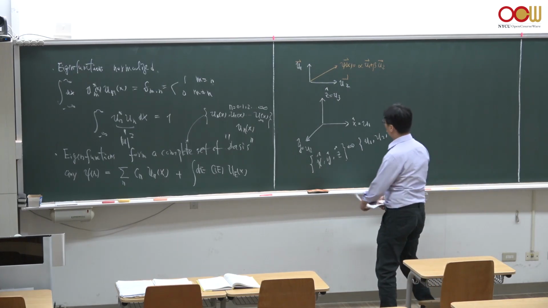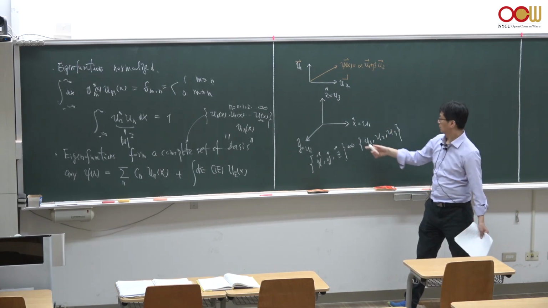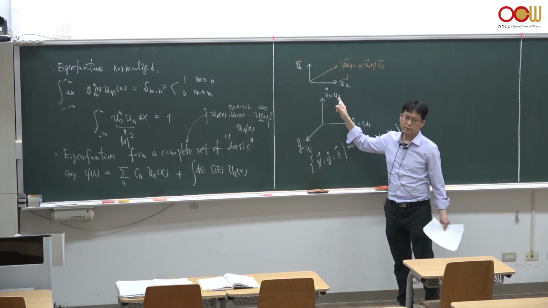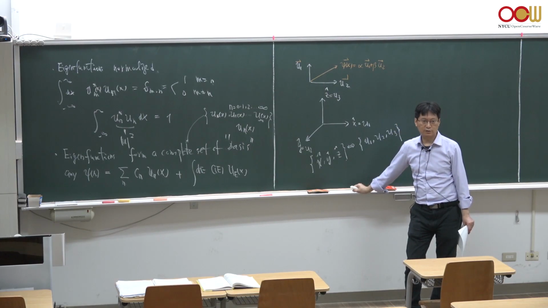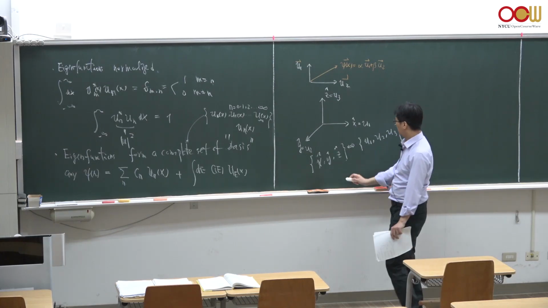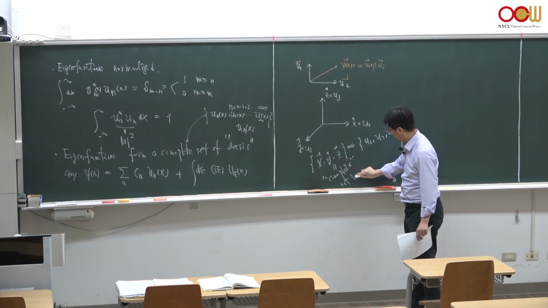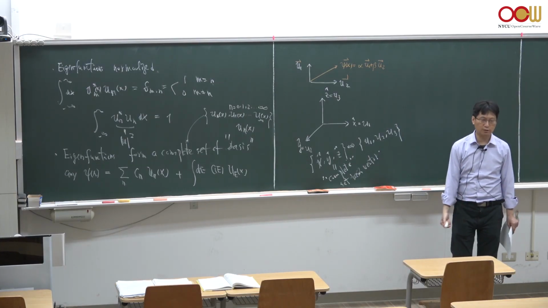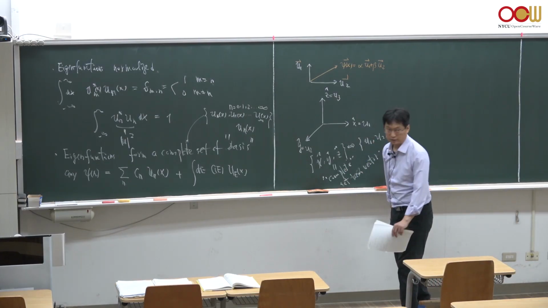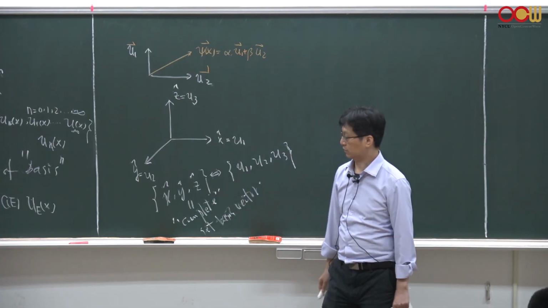And for three-dimensional space, the unit vectors x, y, and z are all the basis vectors we need. In other words, the complete set of basis vectors we need to form any arbitrary three-dimensional vector is the three unit vectors x, y, and z.